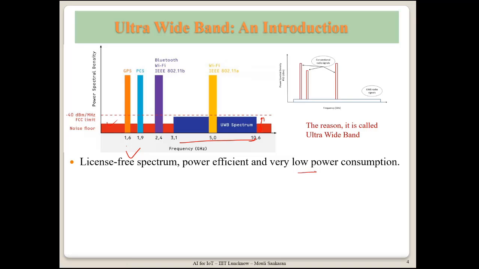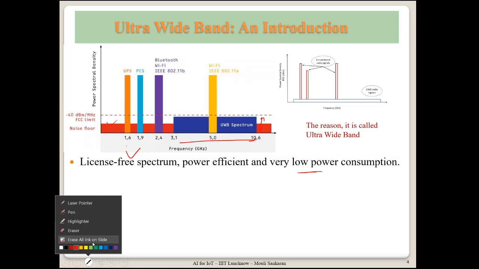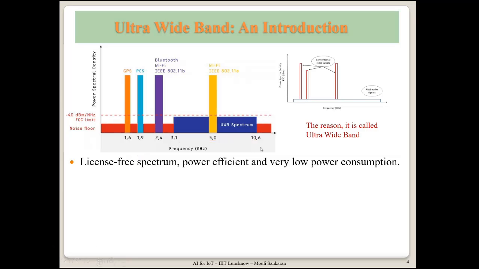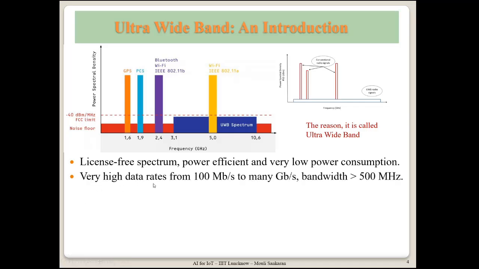Because you are transmitting very low power, the transmitter also consumes low power. So we can use it in our IoT, and it is power efficient because we are sending only short pulses, not continuously transmitting. We are only sending small pulses over a given time. So it is power efficient. The transmitter will not spend too much power to send it.